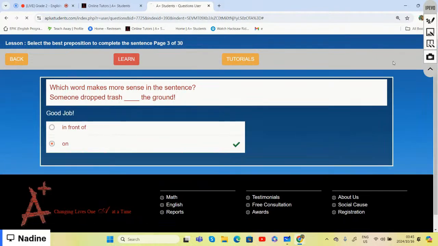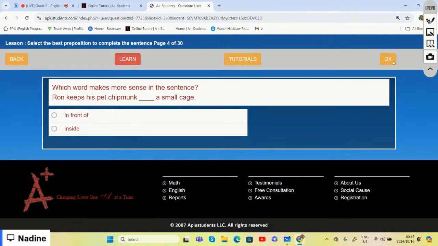So somebody throws papers on the floor. Trash on the floor. All right, and the last one says Ron keeps his pet chipmunk in front of a small cage or inside a small cage. Where do we keep a small chipmunk? Outside or in front of a cage or inside a cage?